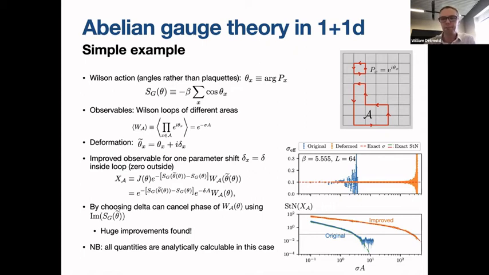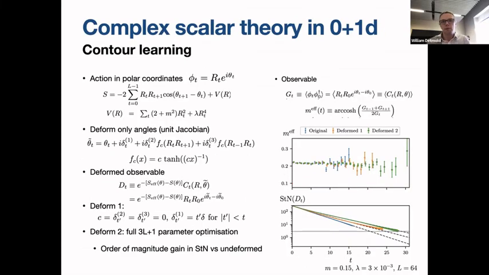Okay, so moving on, that was kind of just a toy, because we just had this one parameter. So choosing the right value of it was just a very simple thing we could do by just sampling different values. We can do something more complicated. And so here I'm going to turn to complex scalar field theory in 0 plus 1 dimensions.